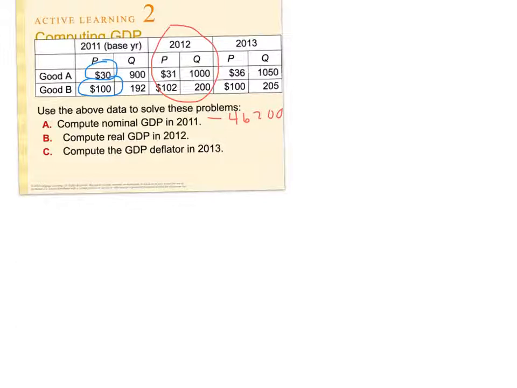I'm going to take again my price in the base, which is $30, times my quantity in 2012, 1,000. And I'm going to take my price in the base of good B, $100, and multiply that by the quantity in 2012. Again, remember I'm holding the prices constant in the base so that I deflate this.